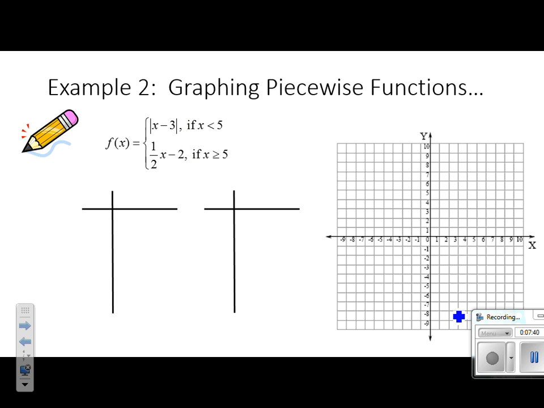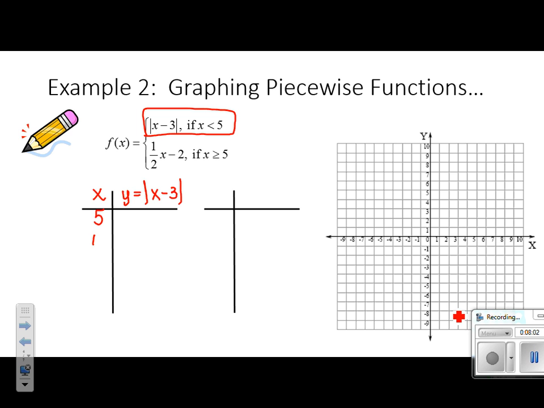Okay, so I am going to graph the first one, the absolute value of x minus 3 if x is less than 5. So I'm going to make my table. Okay, and I'm going to plug in values that are less than 5.